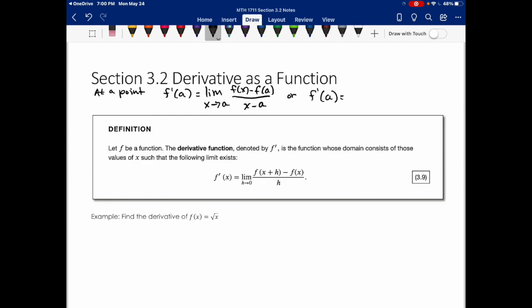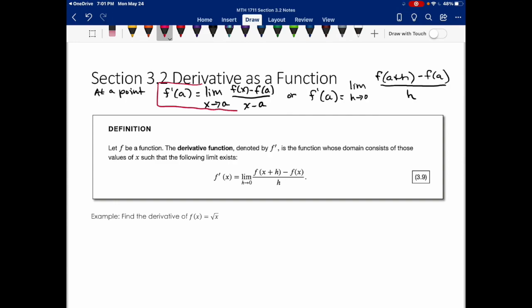Or we could have the second equation, which was the derivative at a, which was the limit as h approached 0. And remember, h is the distance between the two x values as they get closer and closer. And so we have f of a plus h minus f of a all over h.